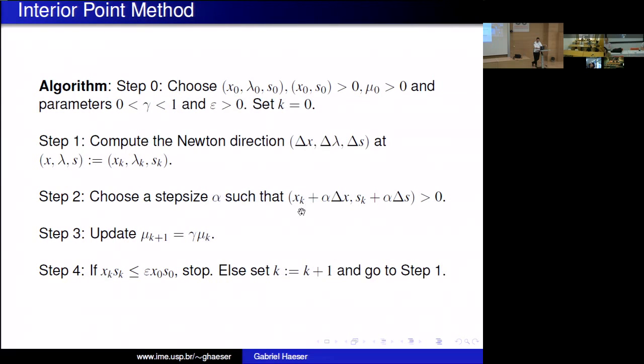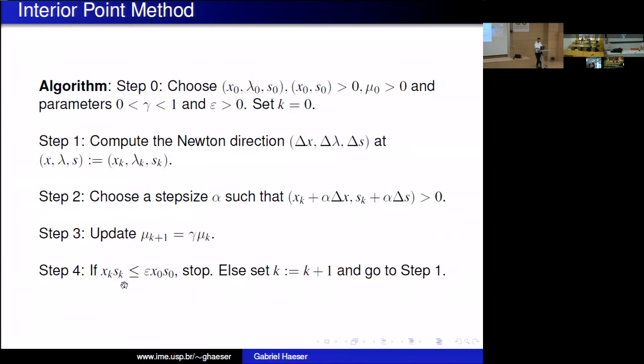You don't want x and s to go outside the feasible region, and maybe the Newton method will tell you to leave the feasible region. So you prevent this by choosing this step size alpha small enough. Then you update your mu and repeat.